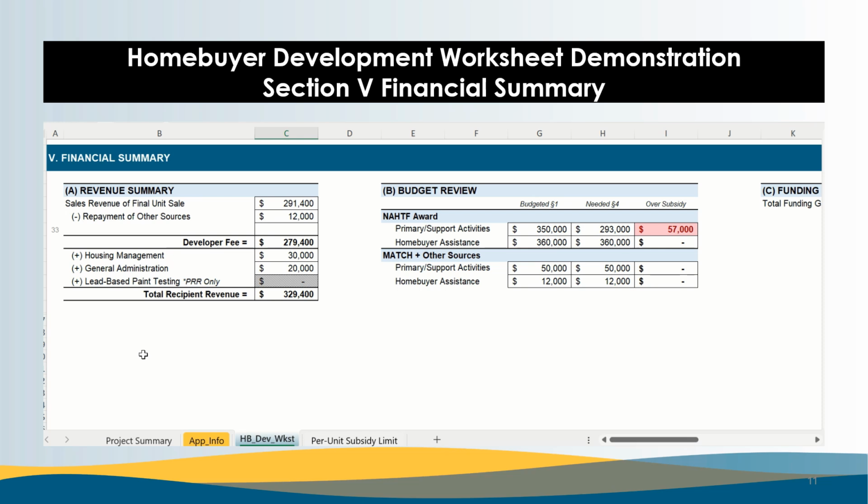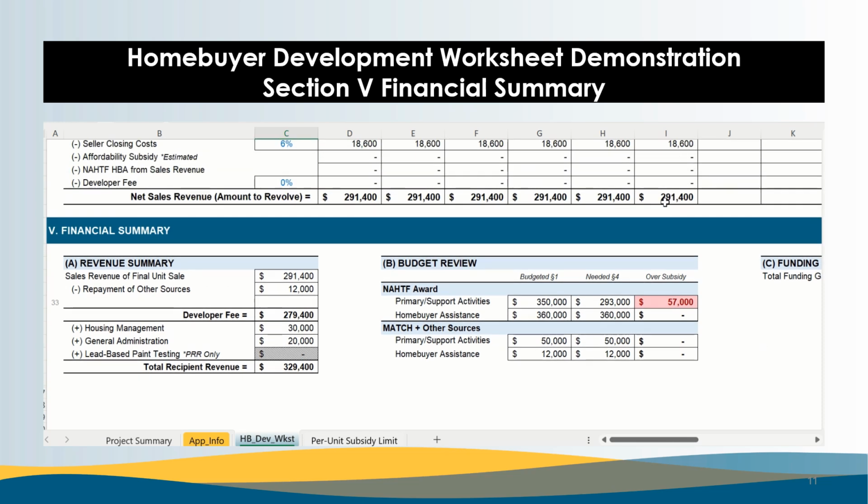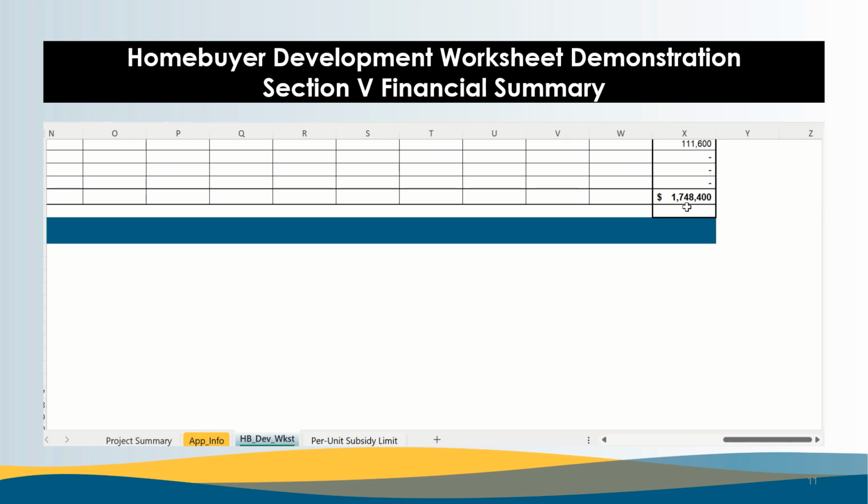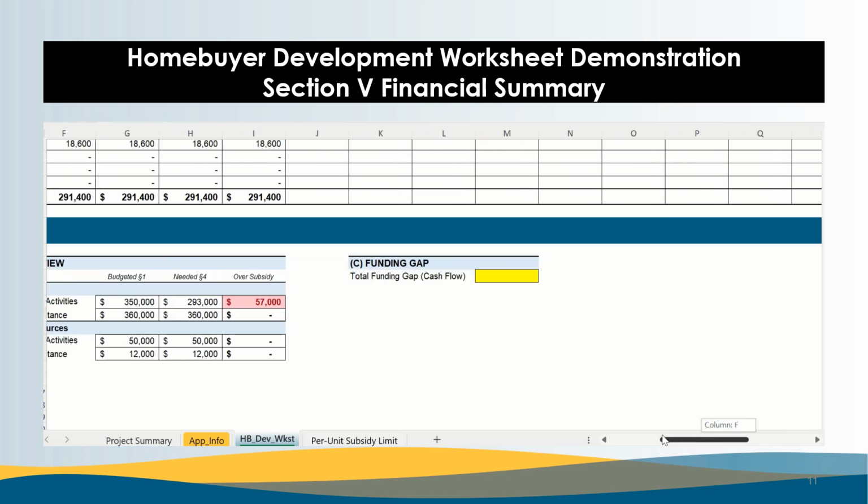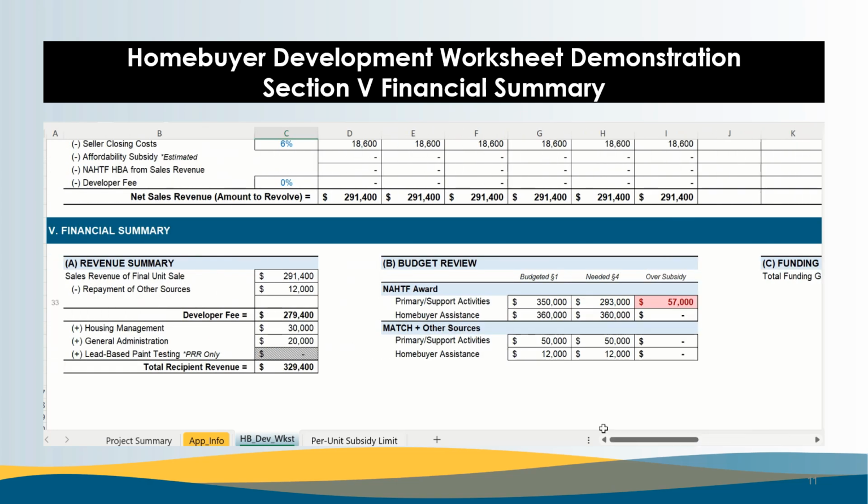So you can see that the last number in the units after Unit 6 is $291,400 remaining. If you took this all the way over to the total, a total of $1,748,400 is the total amount of proceeds that came in after selling all 6. But of course, you used those proceeds for the project and used them as a source in constructing all of the units. So the sales revenue after the final sale is $291,400. And if you remember, we had $12,000 needing to be paid back after the home buyer assistance had been used.